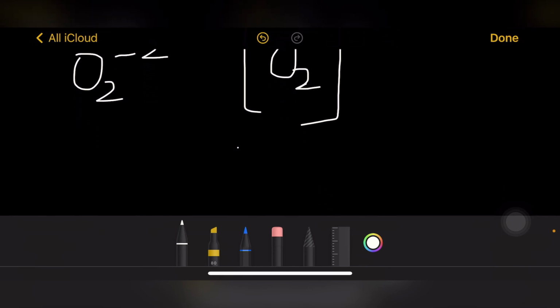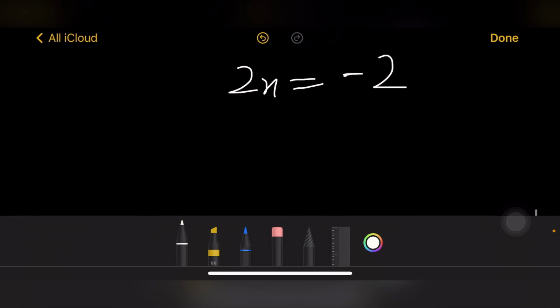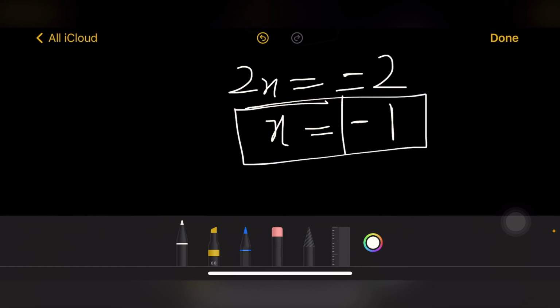So 2x is equal to minus 2, which is x equal to minus 1. So the answer is minus 1.